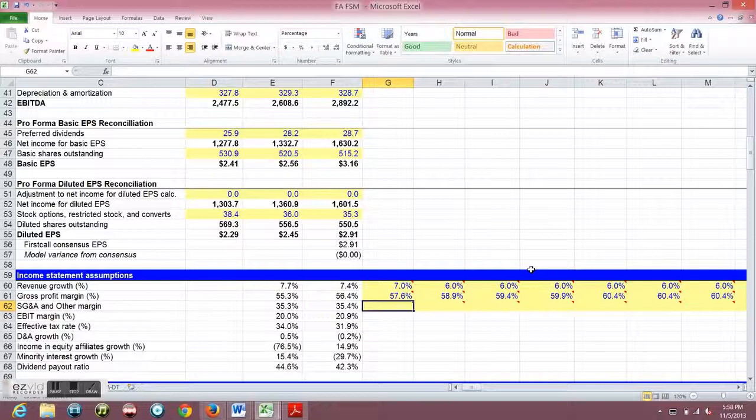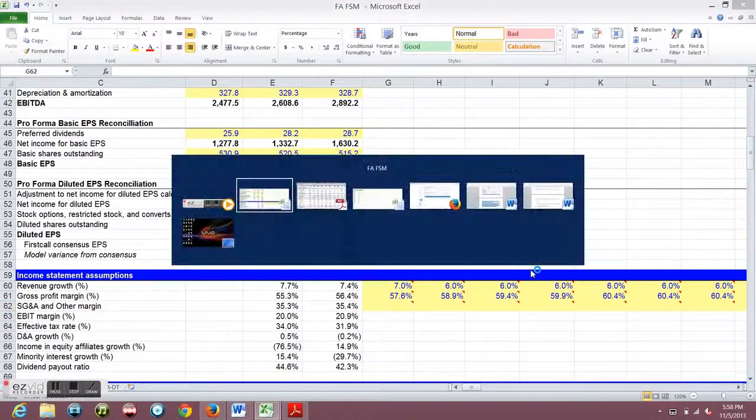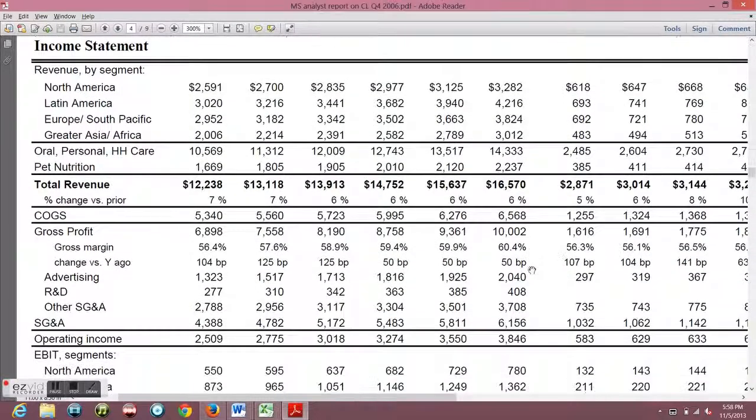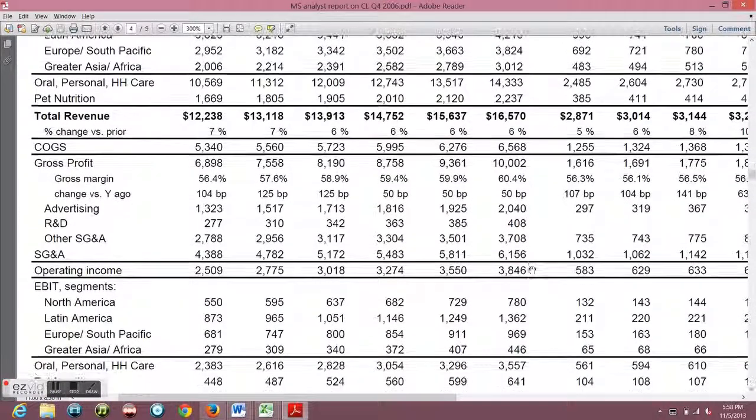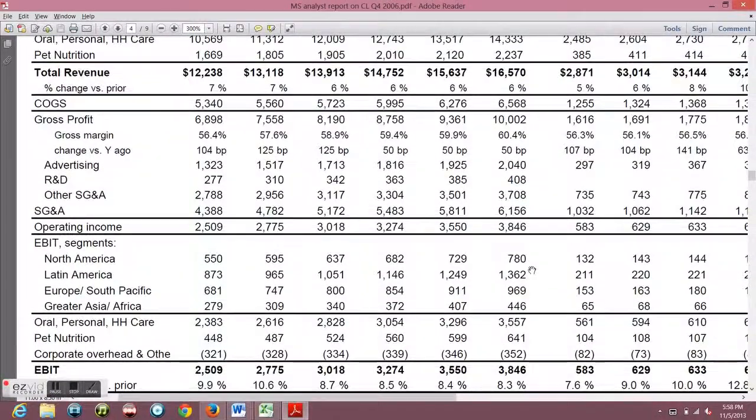Now, you have to keep in mind that in some models, they don't consider SG&A and other to be together. They'll probably separate it. Well, what we're going to do in this case is take a weighted average of how much other is in proportion with SG&A margin.